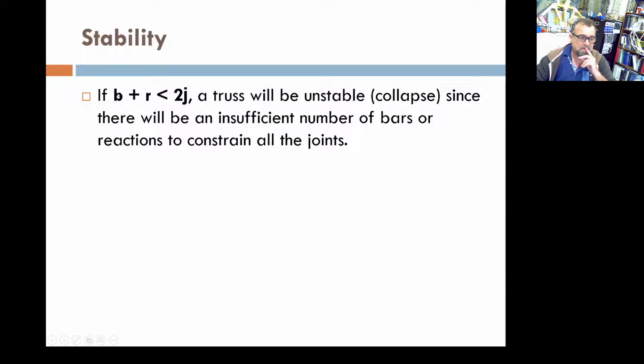You're going to have more internal forces acting in the structure than the number of resistive possibilities for that truss. So what is going to happen is that it's going to be able to move in some direction, so it's unstable.